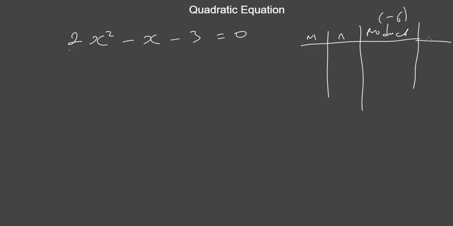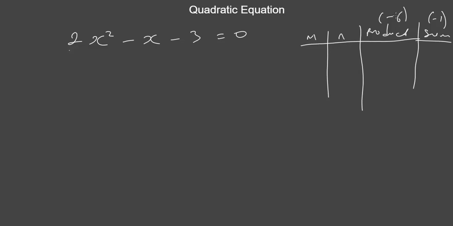And you want the sum to be the coefficient of x, which is minus 1. There's an invisible 1 here, so it is minus 1. So the question you ask yourself is to look for two things that multiply to get minus 6. So just focus on minus 6. Then you start adding up until you get the one that gives you minus 1.